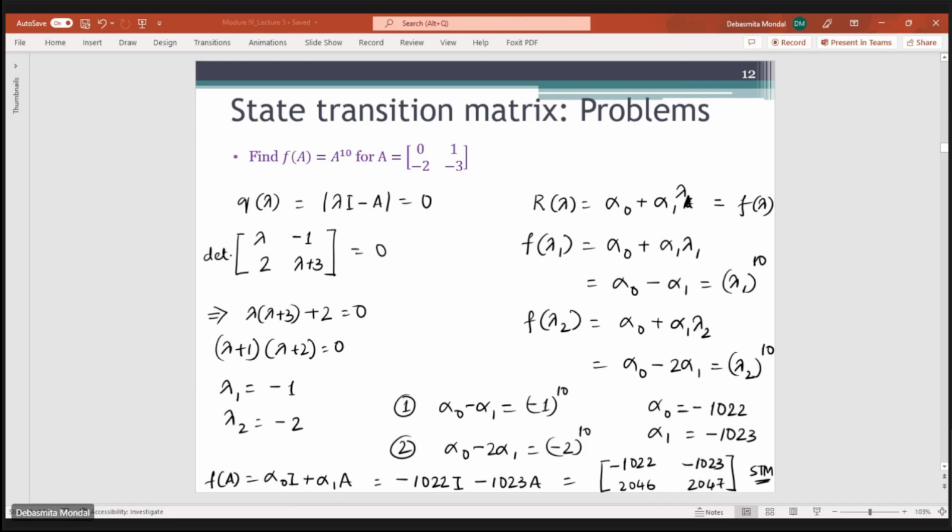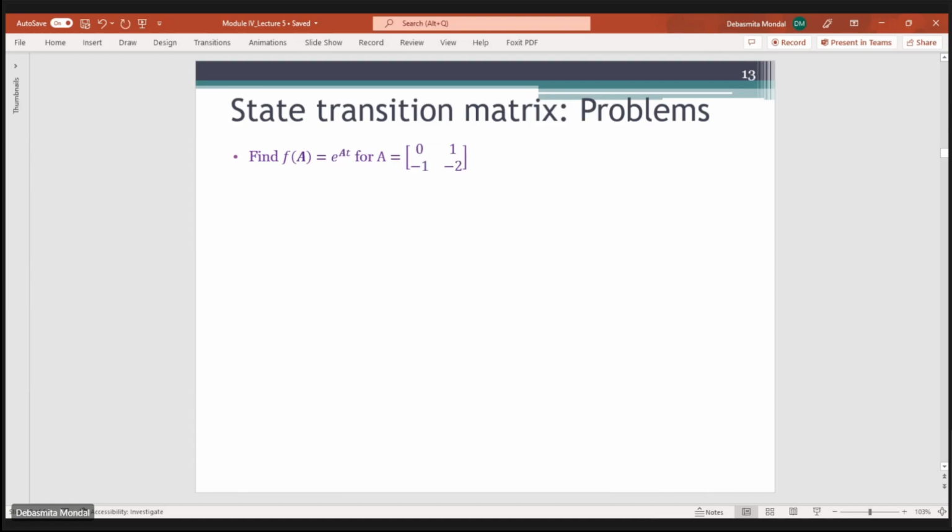Then from the eigenvalues you get n simultaneous equations, you solve them, and you find the coefficients alpha 0, alpha 1 till alpha n minus 1. Then F(A) is equal to alpha 0 into I plus alpha 1 A plus alpha 2 A square and so on and so forth. You simply substitute those values and you will end up with the state transition matrix.